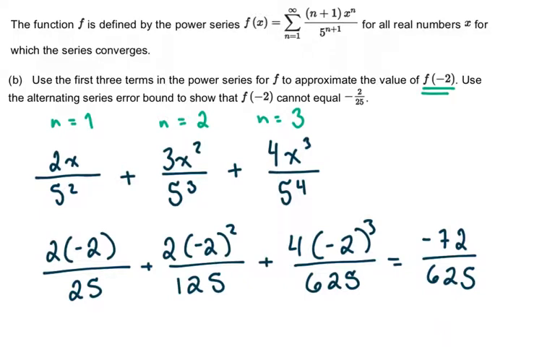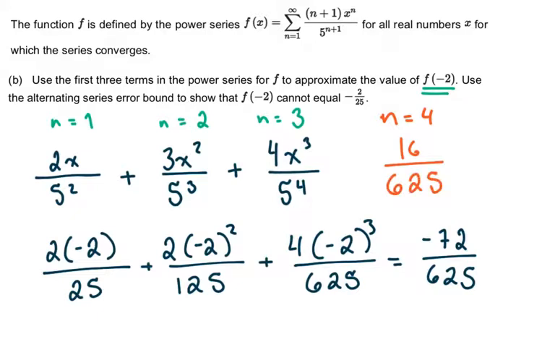Now, the next thing they ask is use the alternating series error bound to show that f of negative 2 cannot equal negative 2/5. So you'll notice we had negative, positive, negative, and so then our next term, since it's an alternating series, which would be n equals 4, is going to be greater than the error that we're going to see. So if we plug this in, we get 16 over 625.